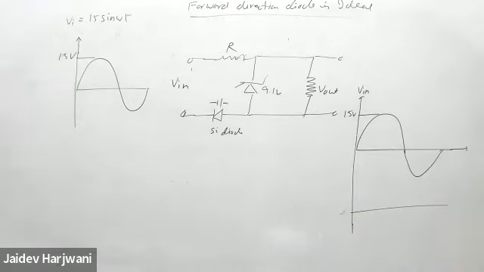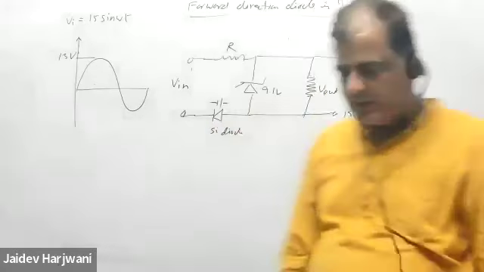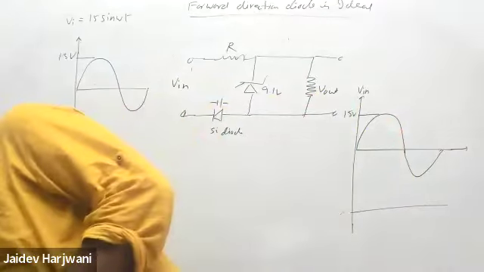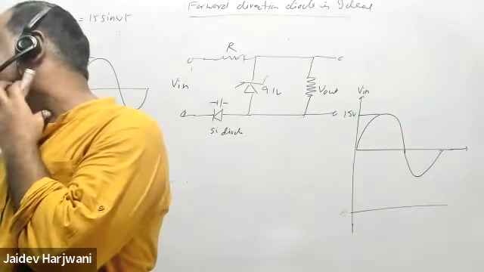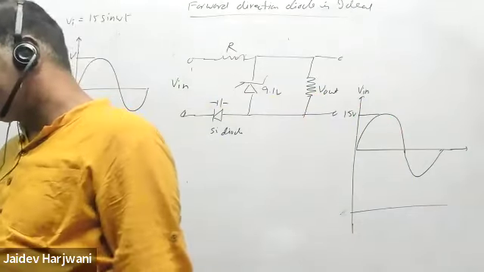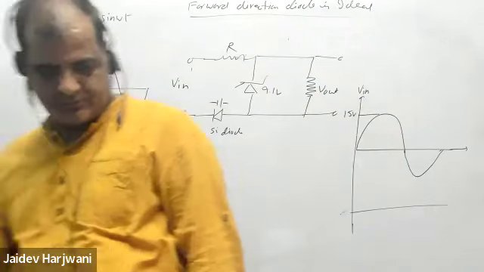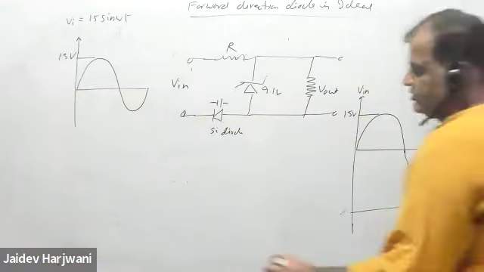Tell me, for the positive cycle, what should I assume? And for the negative cycle, what should I assume? Tell me. The diode is positive, so reverse bias in positive.